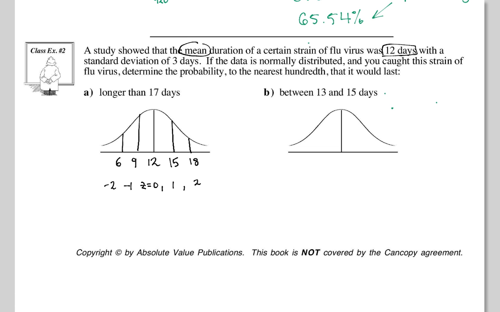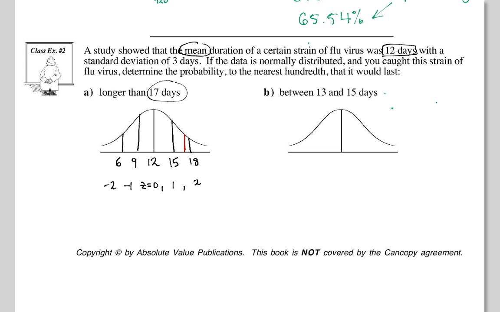Beautiful. So I want you to just estimate, like, what do you think the probability is for longer than 17 days? I mean, if the average is 12, that means 50% of the data is at 12. Where would 17 days be? Quite far to the right, yeah?